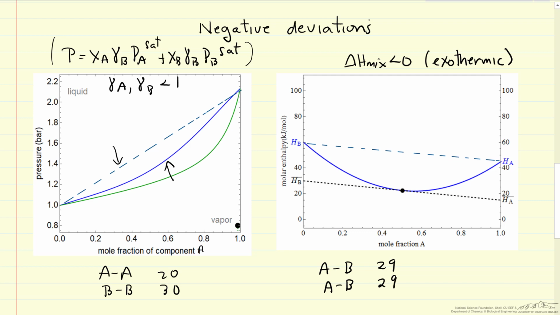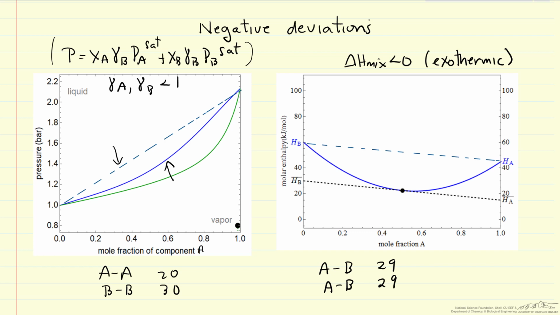Say we had a 50-50 mixture, you can see that we have much stronger bonds, so molecules are less likely to go into the gas phase. This is negative deviations: delta H of mixing is less than 0.